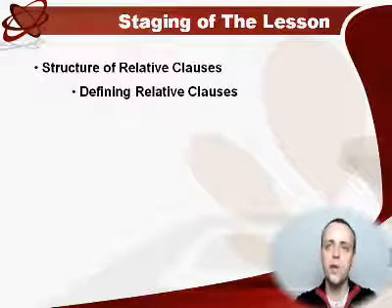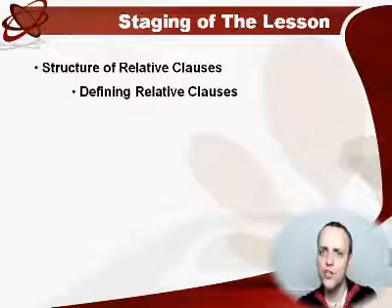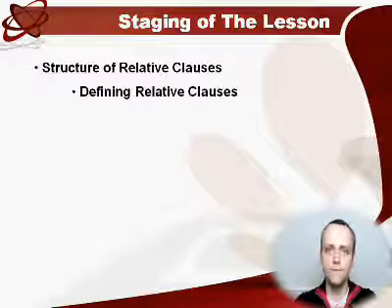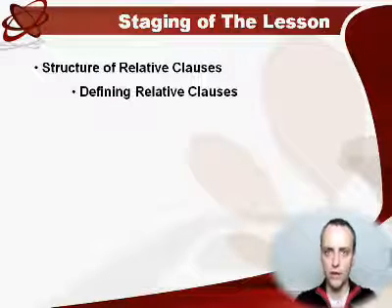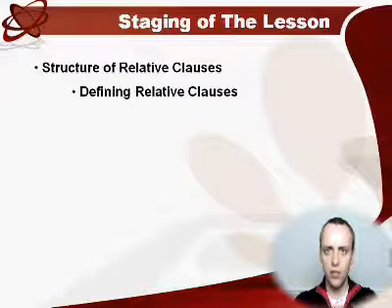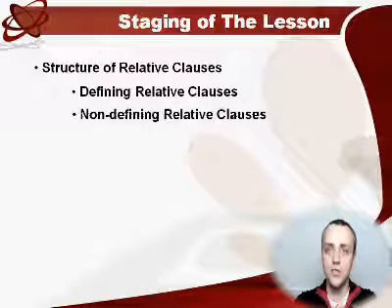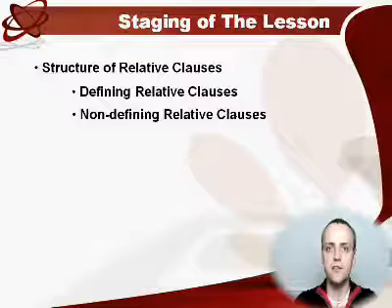If you don't have the relative clause, then the reader doesn't know which or what you're talking about. So you need the relative clause to tell the reader which or what we're talking about. The relative clause defines what we're talking about. It gives us important information.